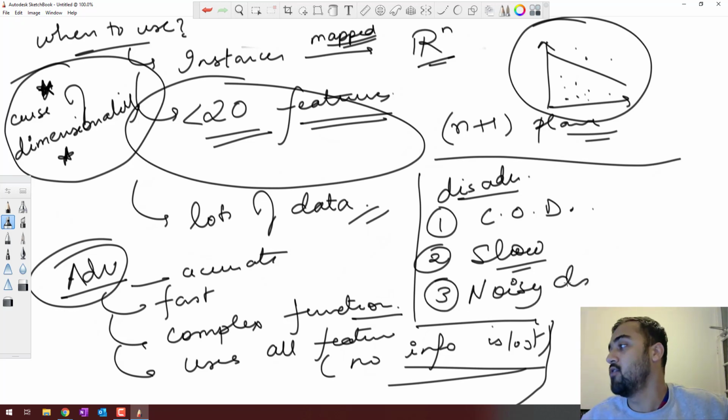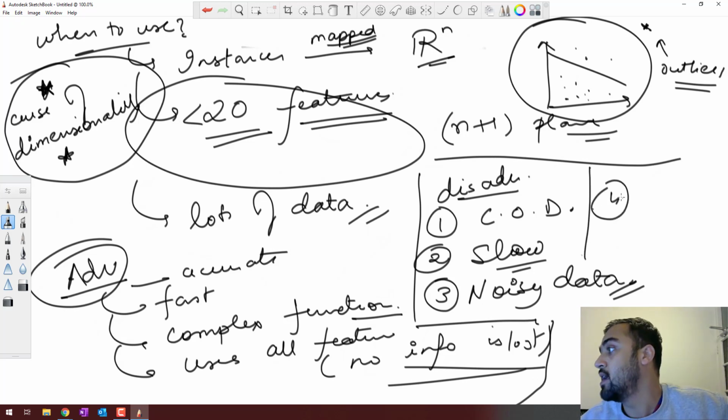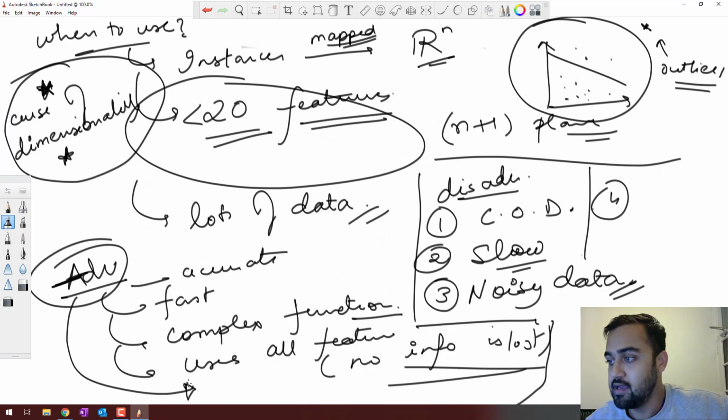Number three is a problem with noisy data. If we have noisy data, the nearest neighbor algorithm is not that efficient, particularly with outliers, because it is very difficult to identify noisy data. And number four is also its advantage, but it's also kind of its disadvantage, because it uses all the features to make our predictions.